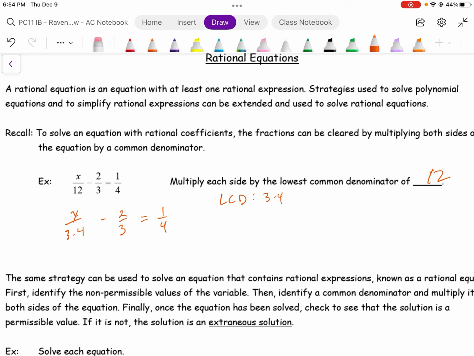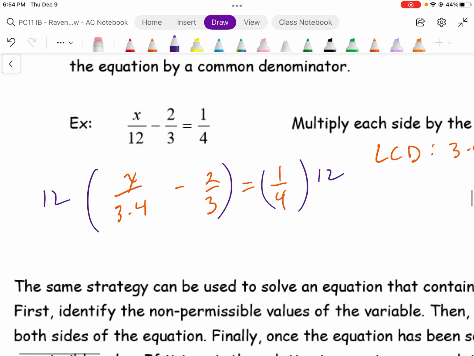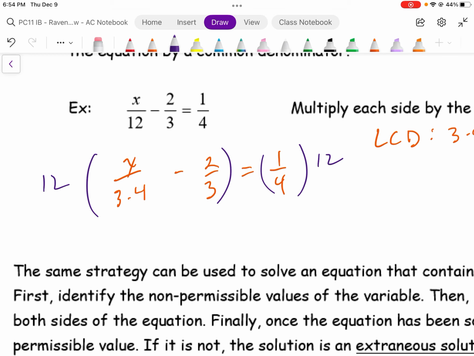And really, what are we going to be doing with rational equations? We're going to be multiplying by my lowest common denominator. So I'm going to multiply both sides by 12, and what we'll see here is that we have to distribute that multiplication exactly twice.